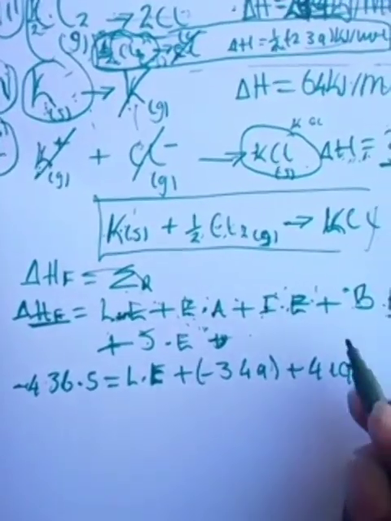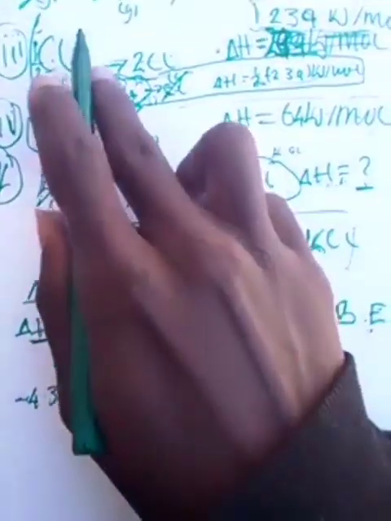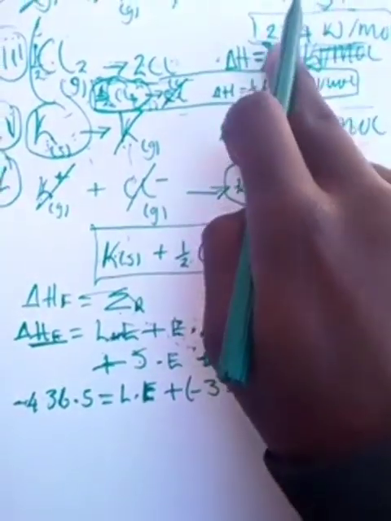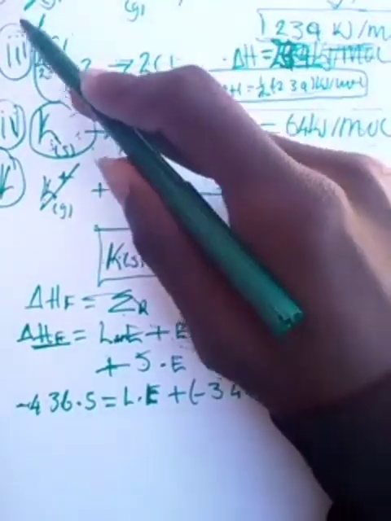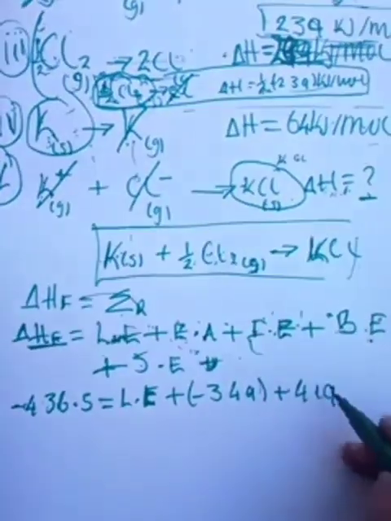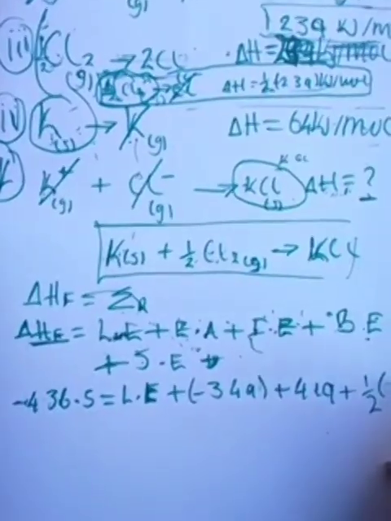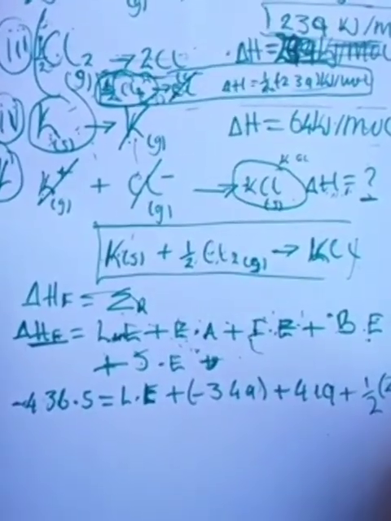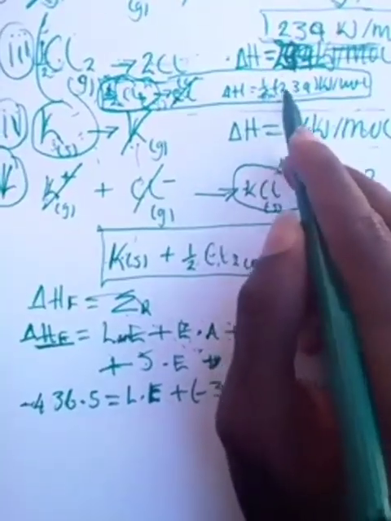And then bond energy. If you've seen, initially we had 239, that's in the question, but after multiplying by 1 over 2, it is now 1 over 2 of 239. Always remember that this is our new bond energy.